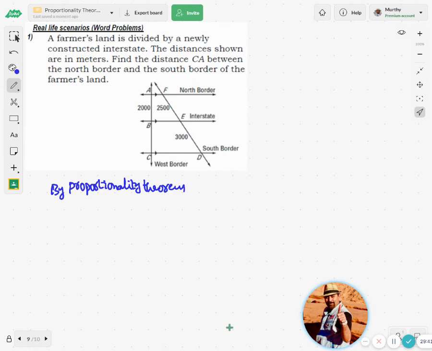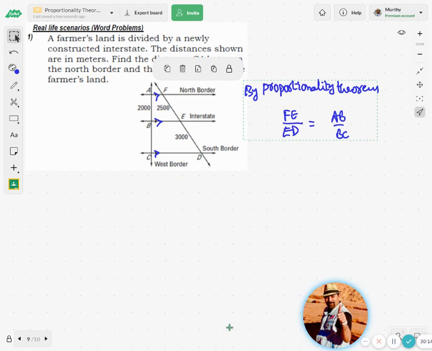So let me set up, I see that here these are parallel lines. So FE over, maybe the upper portion or lower portion, this is how I remember, FE over ED equals the upper portion is AB and the lower portion is BC. AB over BC. Now just plug in the values. I think place may not be sufficient, so let me move this one all the way here.